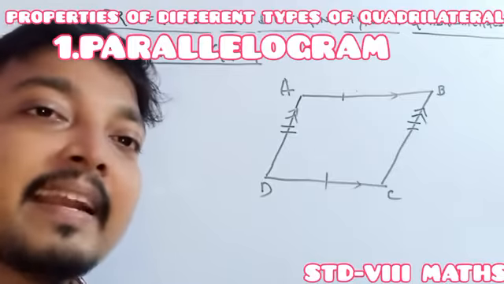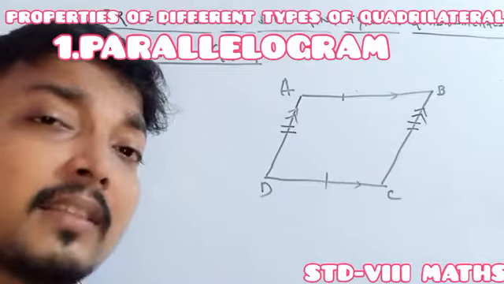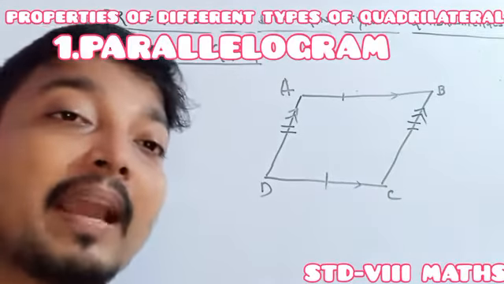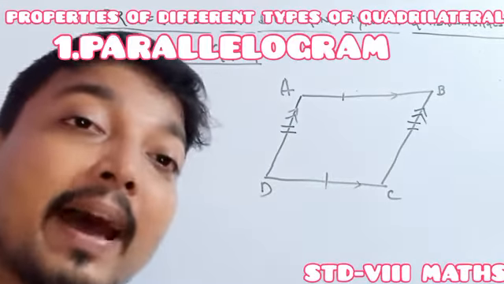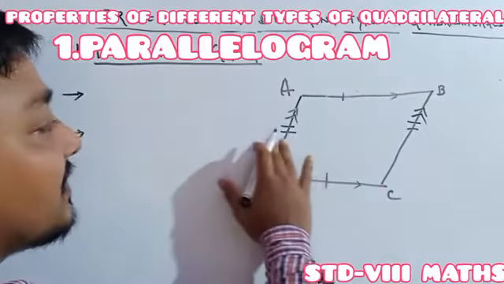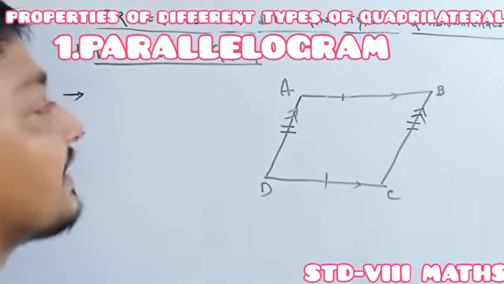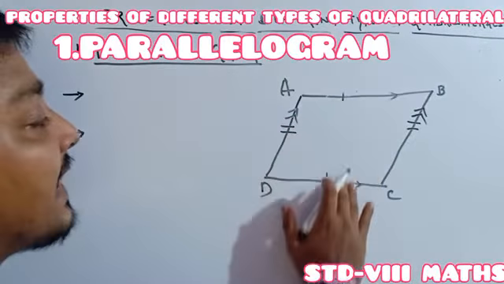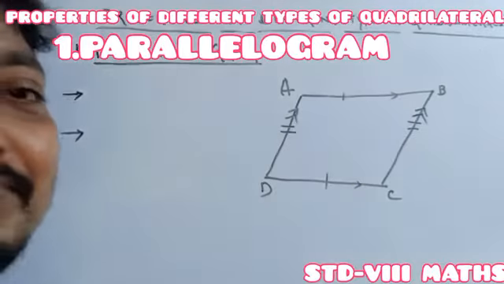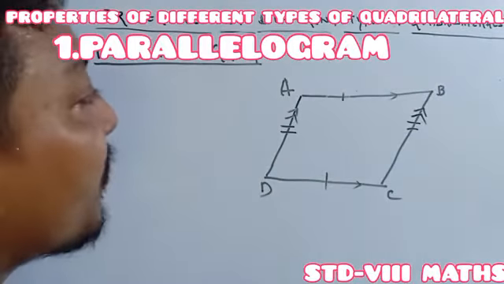Second point, pair of opposite sides are equal. Third point, pair of opposite sides are parallel. It means this one is equal and also parallel, this one is equal and also parallel. Together, one can say that pair of opposite sides are equal and parallel. Understood? Perfectly understood.